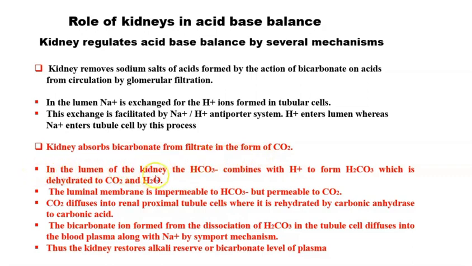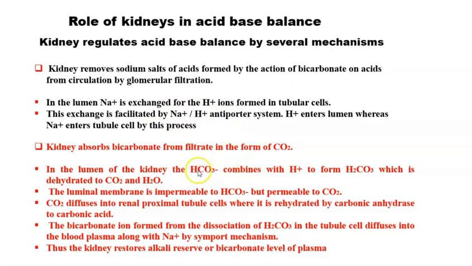In the lumen of the kidney, this bicarbonate, HCO3, combines with hydrogen ion. You may ask where this hydrogen ion is coming from. Remember, sodium moves out of the lumen and hydrogen ions enter the lumen of the kidney from mechanism number one.